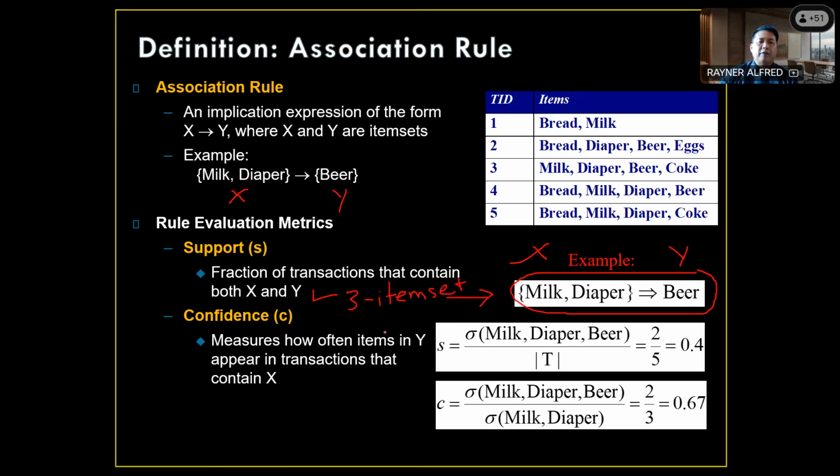So if we look at the support for these three itemset, milk, diaper, and beer.